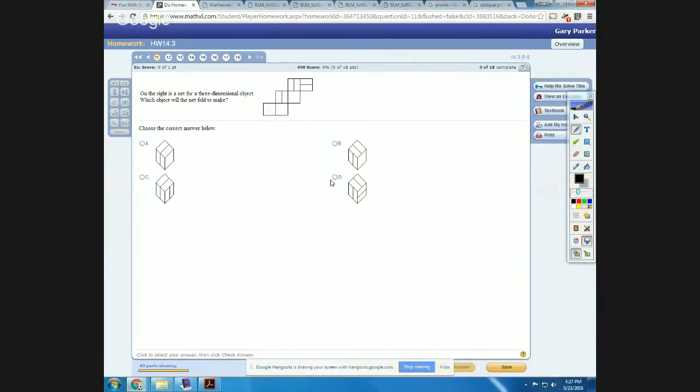Oh yeah, so this is one of the 3D problems where we have to take this net. In the book, sorry Debbie, I forgot you were in a different world. That's okay. So this is section 14.3 in the homework, and the one I'm considering now is number 9, in section B of the homework, 9B.